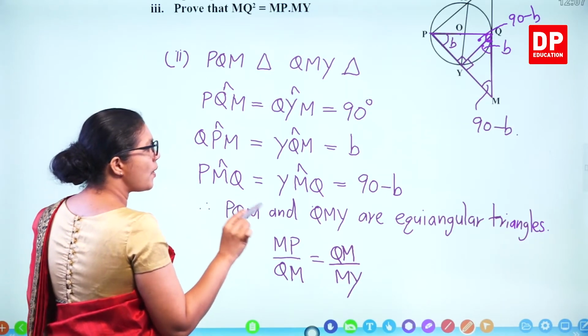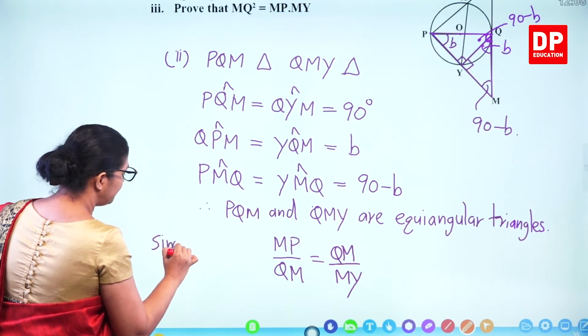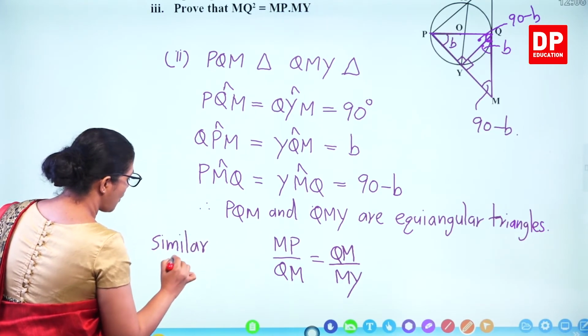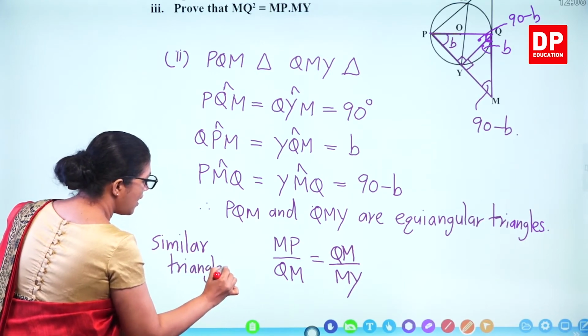So equiangular triangles, we can say similar triangles. So corresponding ratios are equal.